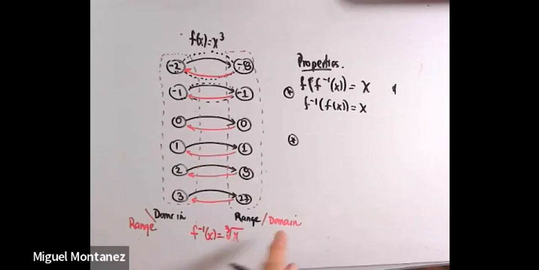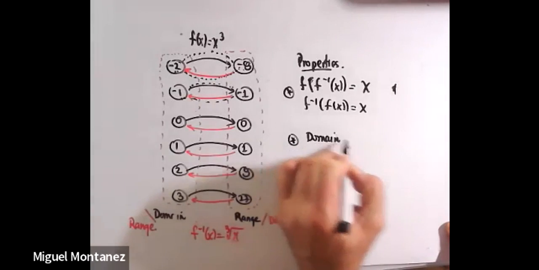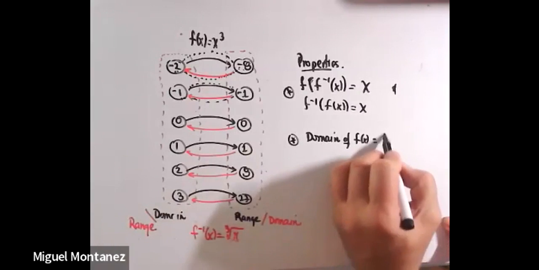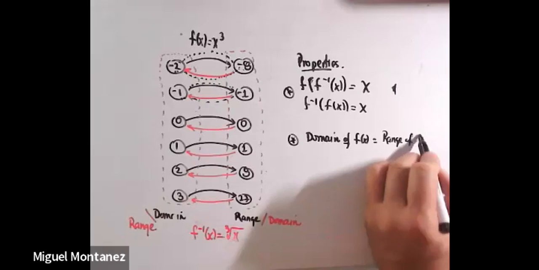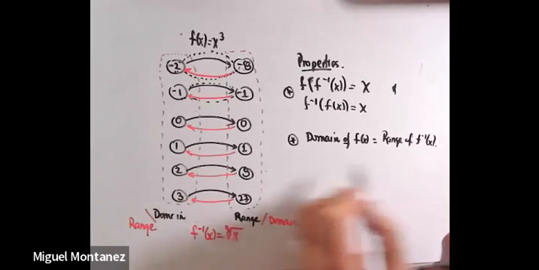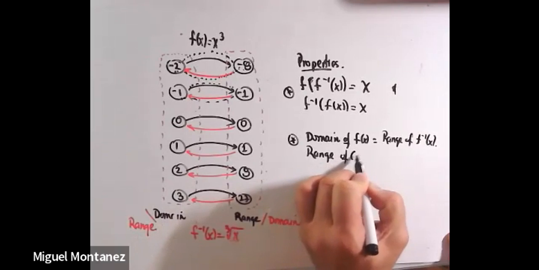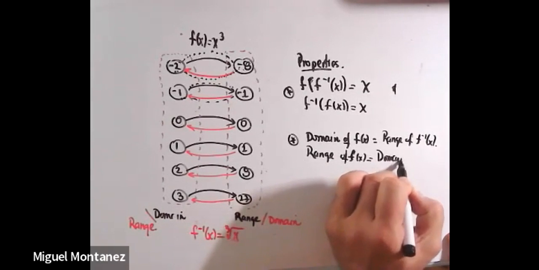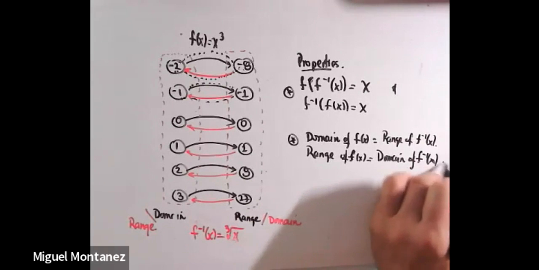So the domain of f of x equals the range of f inverse of x. Likewise, the range of f of x equals the domain of f inverse of x.